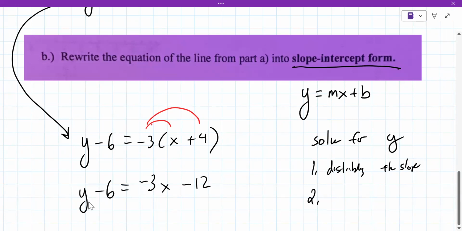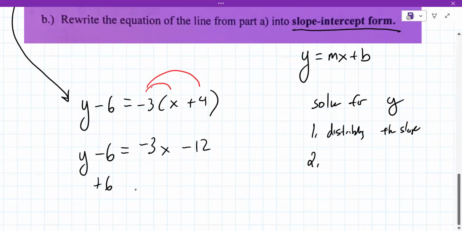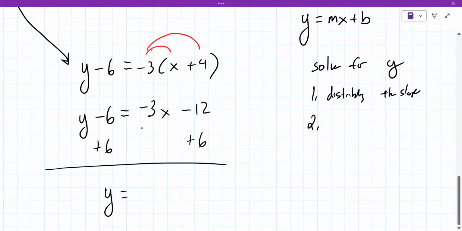So you basically have to undo this -6 by adding 6. Y equals -3x minus 6. Okay, got it.